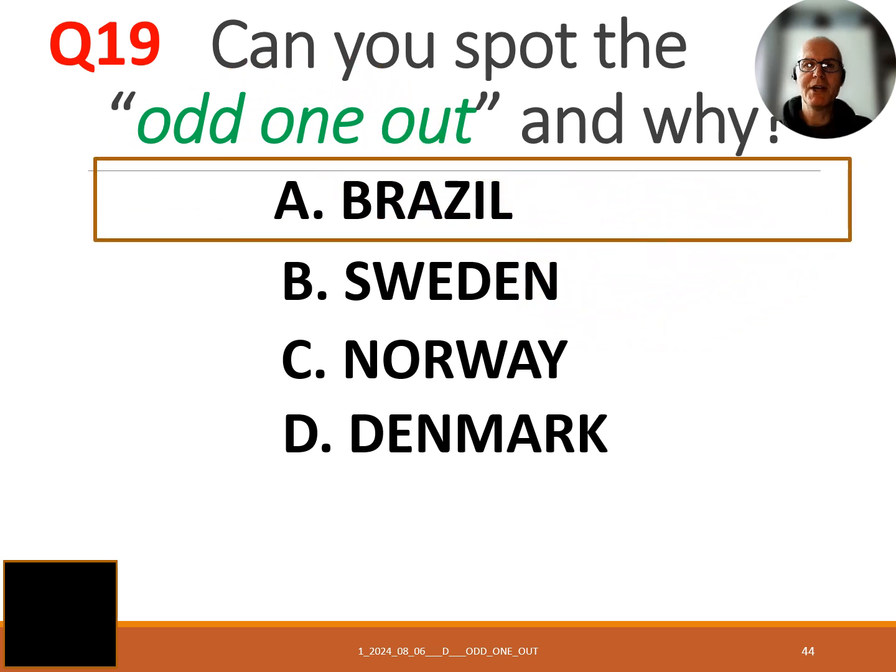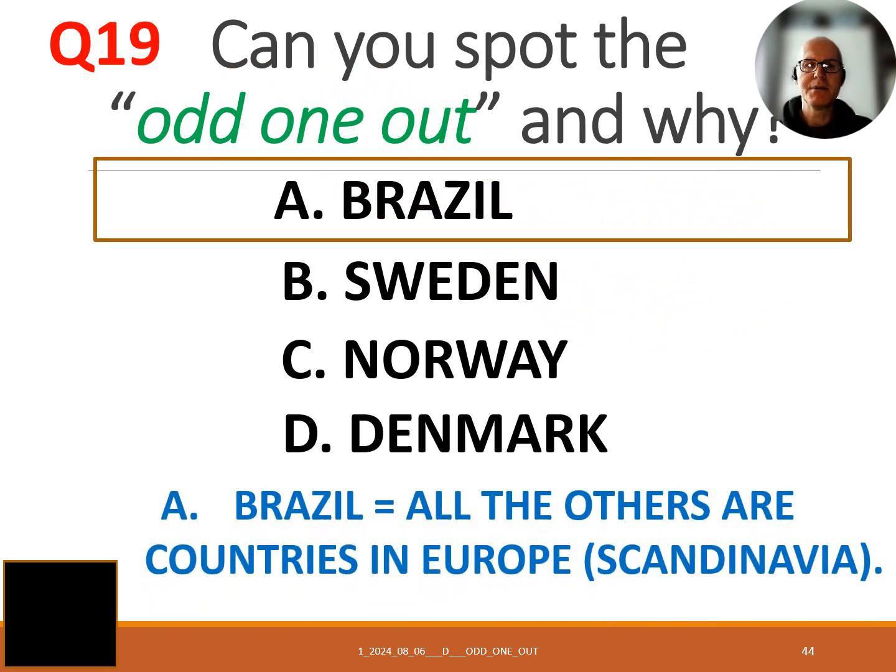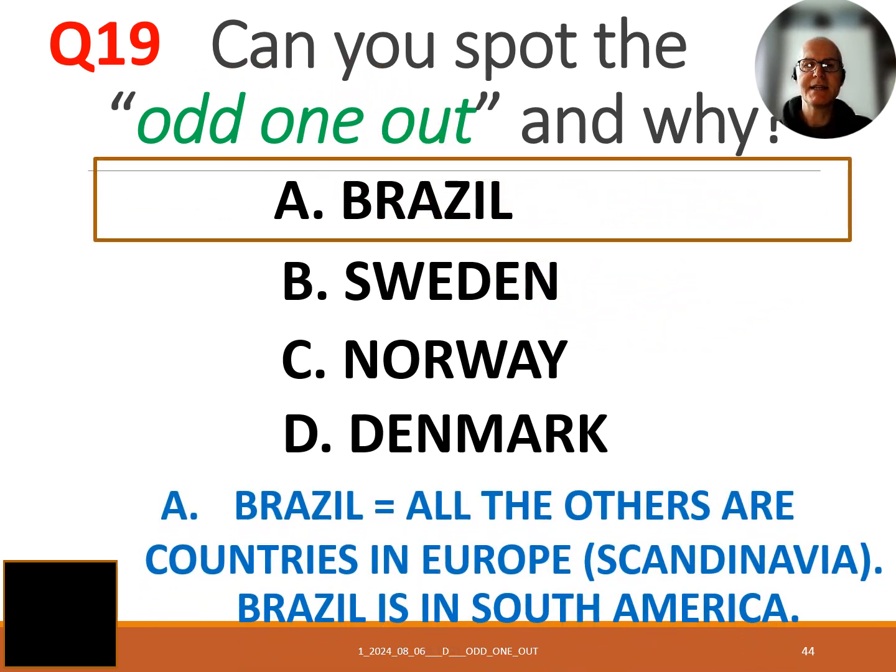The odd one out was Brazil, because Brazil is in South America. Sweden, Norway and Denmark are all countries in Europe. Sweden, Norway and Denmark are grouped together as being called Scandinavian countries.